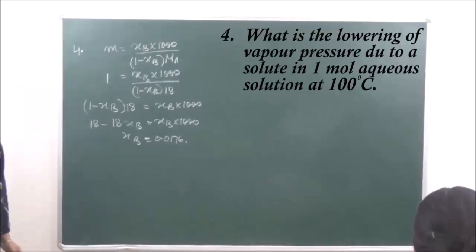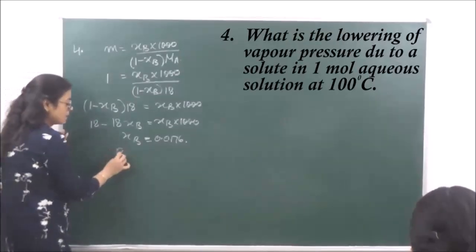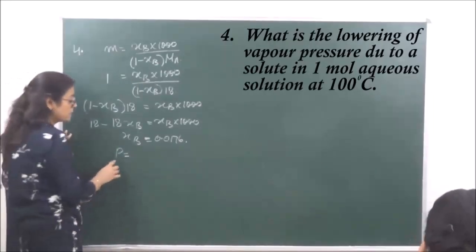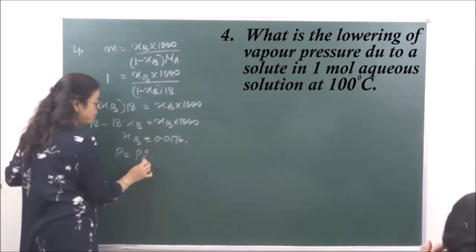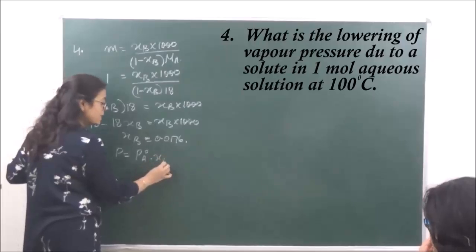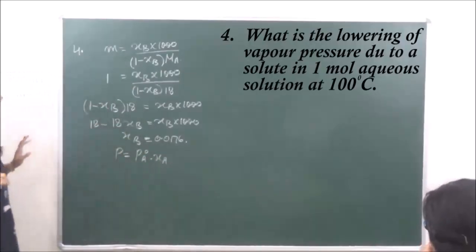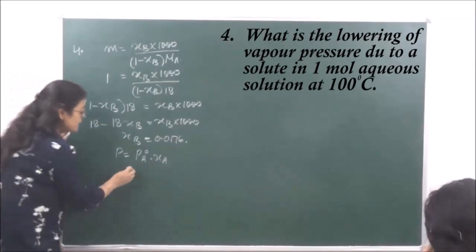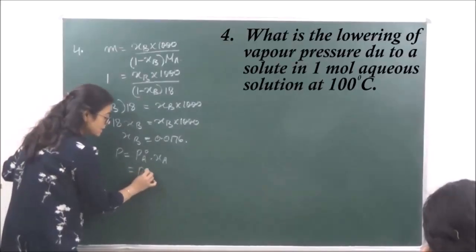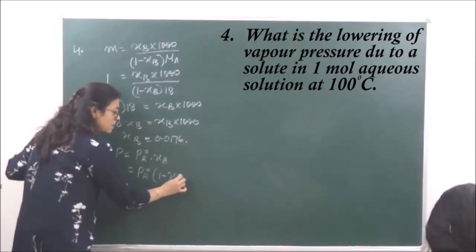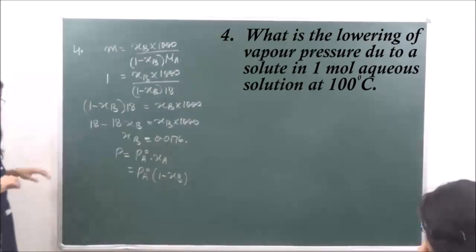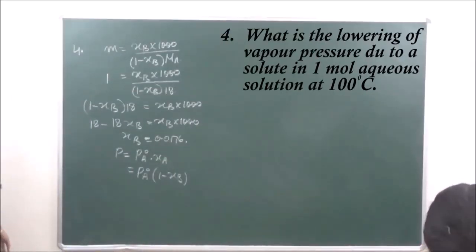Right? Now we know that pressure is equal to what? According to Raoult's law, pressure is going to be equal to PA naught into XA. And XA is equal to 1 minus XB. In the question they have given us the vapor pressure of the pure solvent.